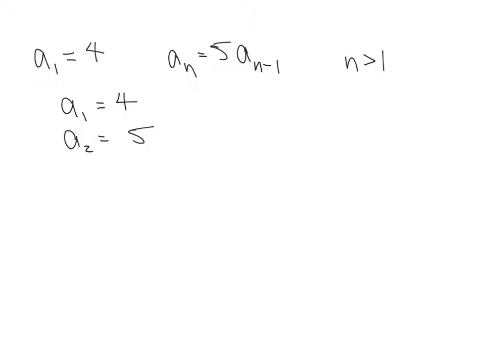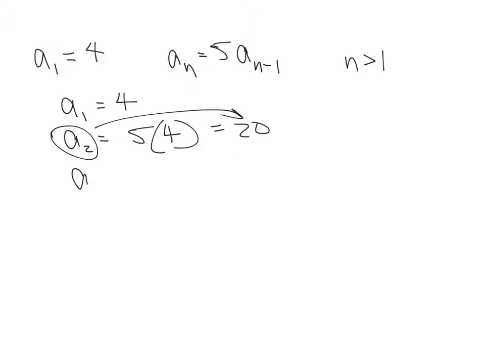5 times the previous number. What is the previous number? 4. So we put that in there as 4, and that's going to spit out a 20. So A of 2 is 20. A of 3 is going to be 5 times the previous number.